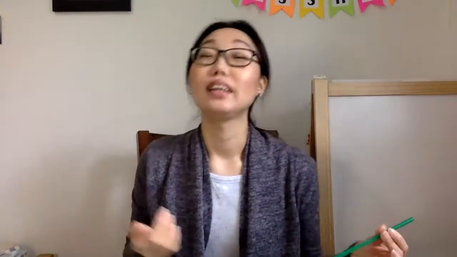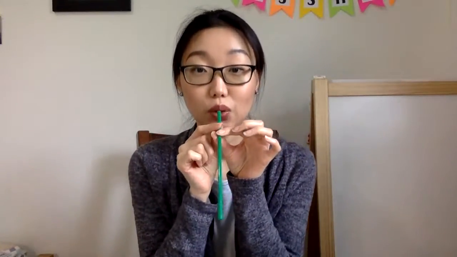When we blow, we do it like this. Like this, right? Like when we blow the candles. Like that. So you can put the straw in your mouth and then blow like this.